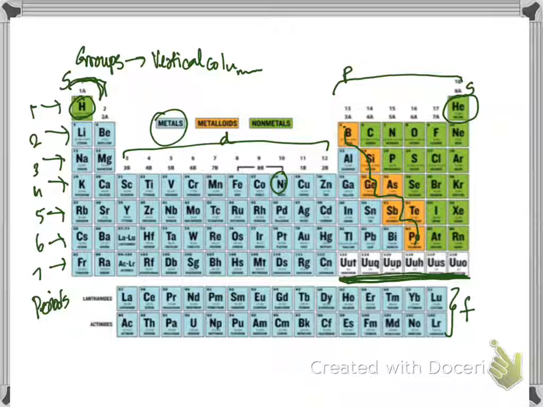A few more specific names. The first A group, the first A column, they are also known as alkali metals. Second A group elements are known as alkaline earth metals.